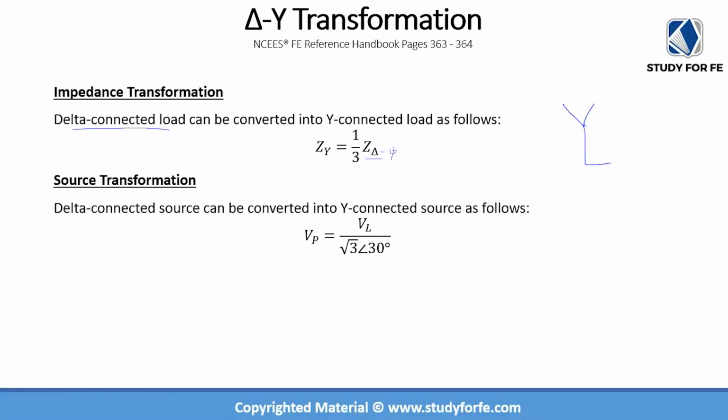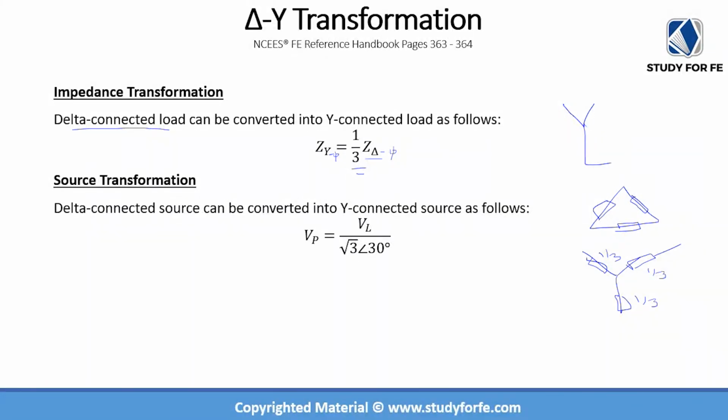So you divide the Z delta per phase by 3, and that becomes your Y impedance. Assuming it's balanced, each phase of the Y will be 1/3 of the delta impedance. It's as simple as that.